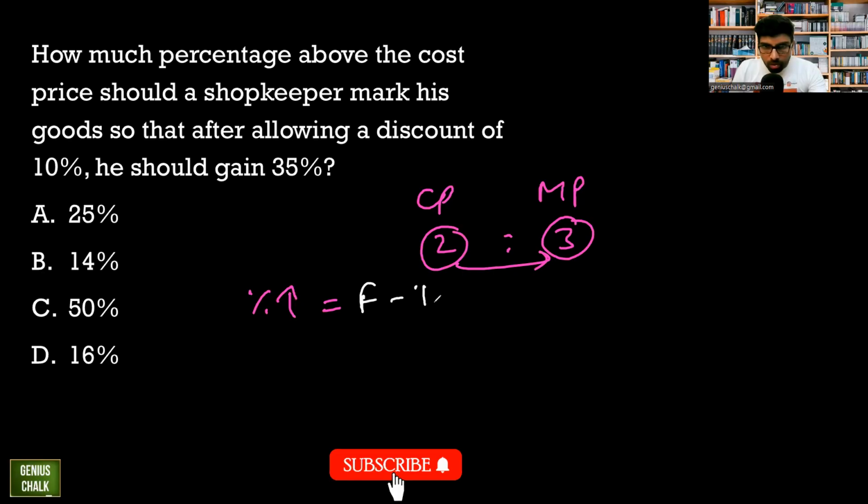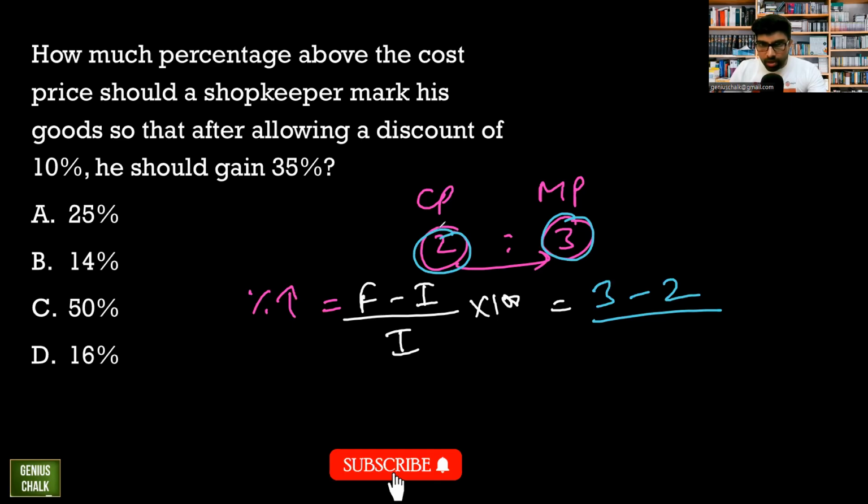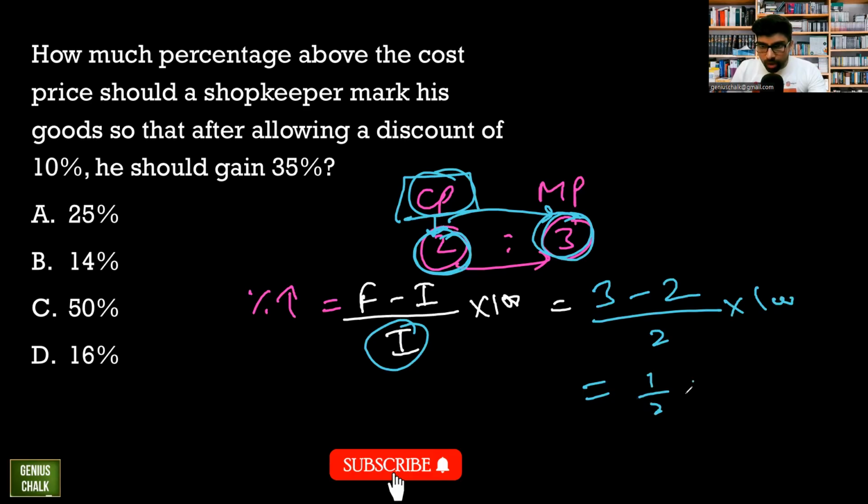It is (final value minus initial value) upon initial value into 100. The final value here is 3, and the initial value is 2, because the cost price is the base value. So it is 1 by 2 into 100.